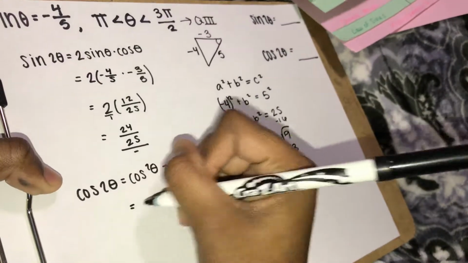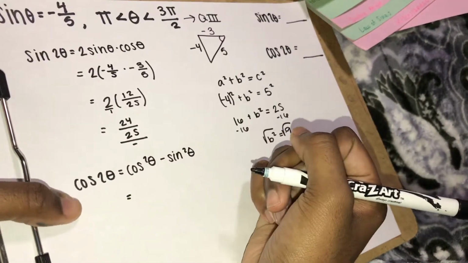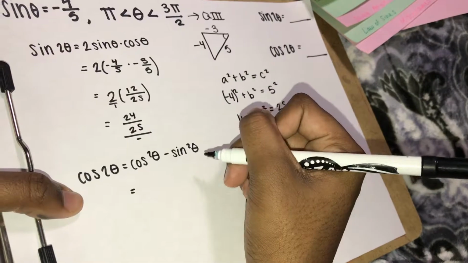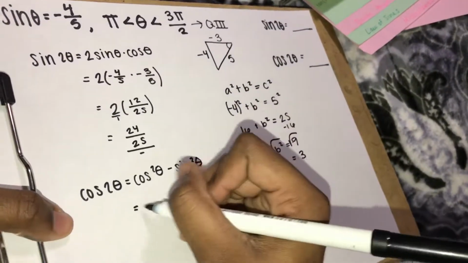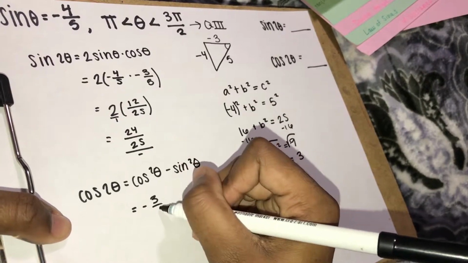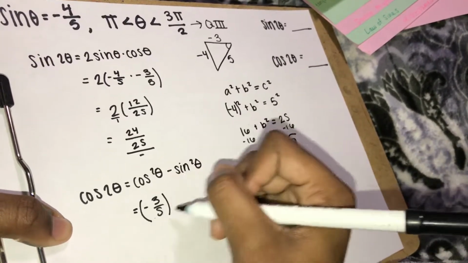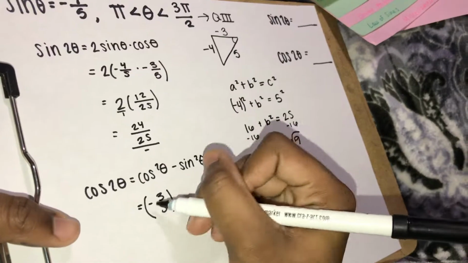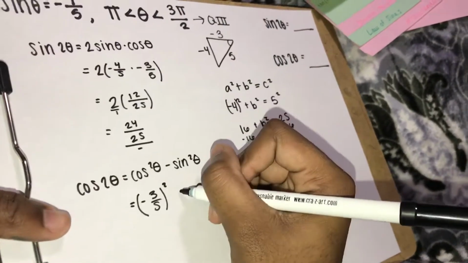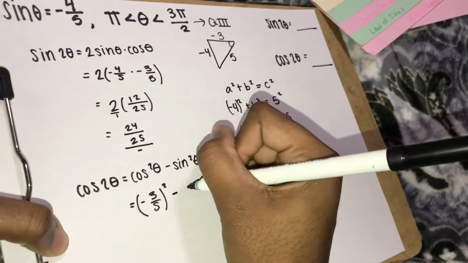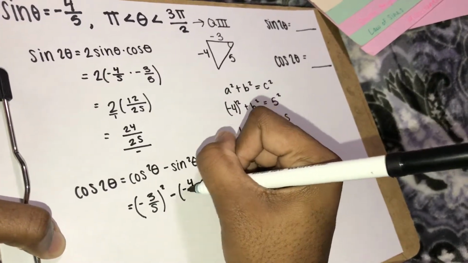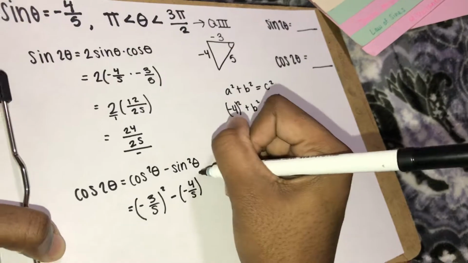Now you can just plug in numbers. Your cosine is negative 3/5. Once again, make sure that you're putting the negative in parentheses. Minus the sine squared of theta, which is negative 4/5, squared.